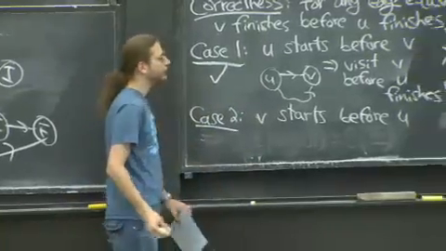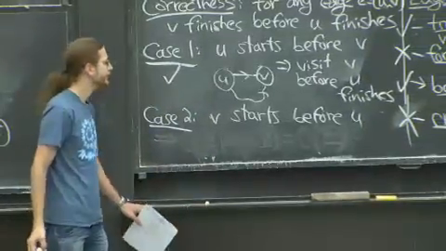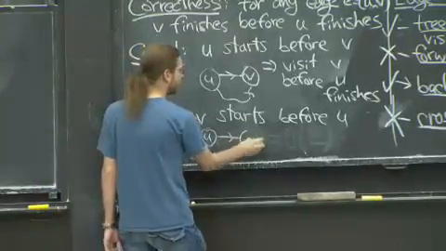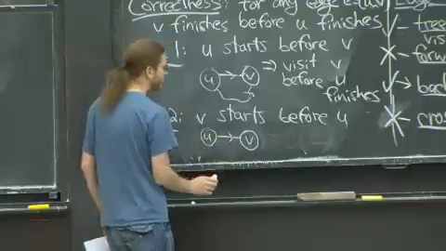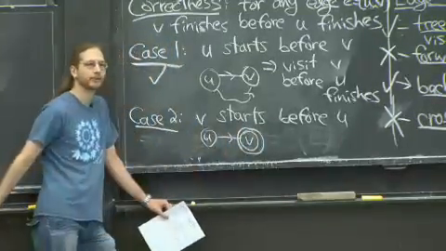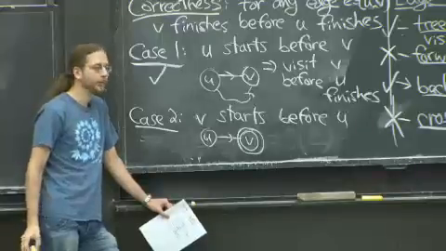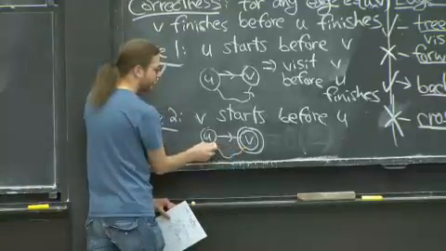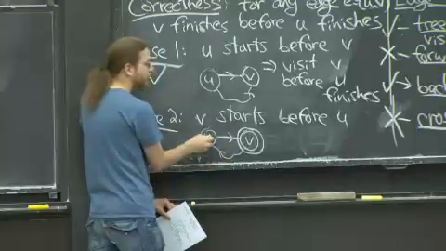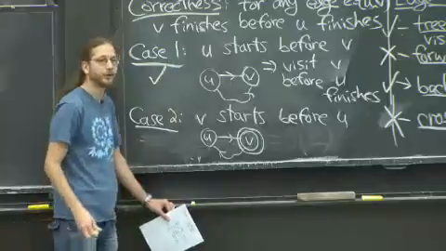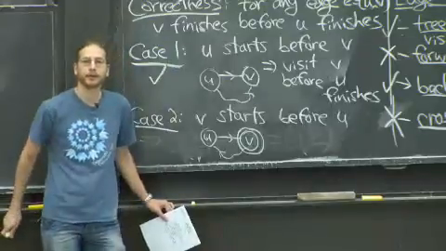The other case is that v starts before u. Here you might get slightly worried. So we have an edge uv still, same direction. But now we start at v. U has not yet been visited. Well, now we worry that we visit u. If we visit u, we're going to finish u before we finish v, but we want it to be the other way around. Why can't that happen?